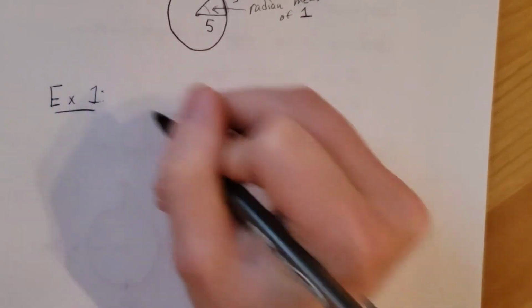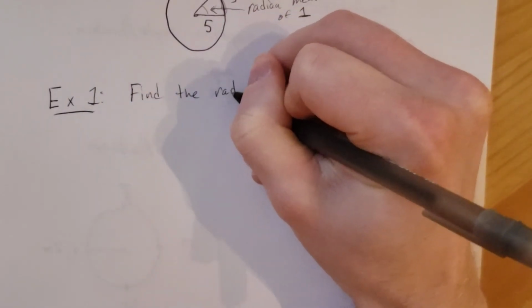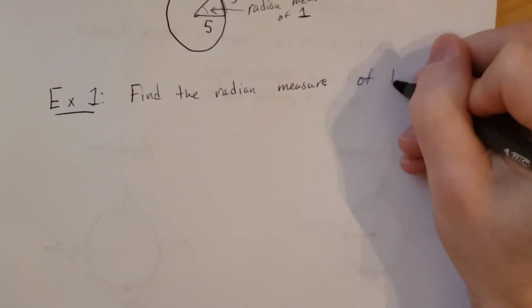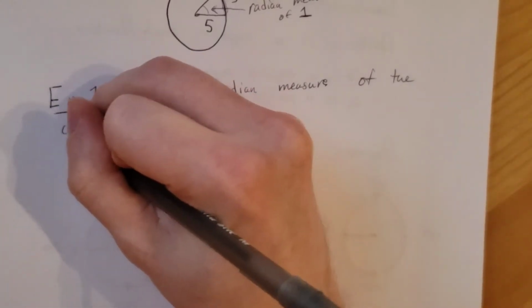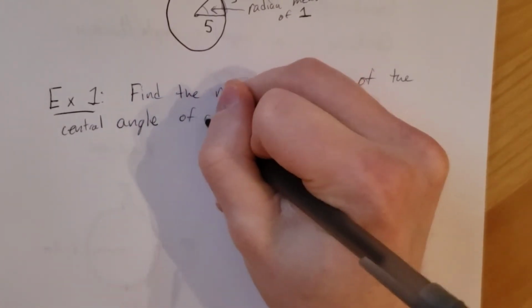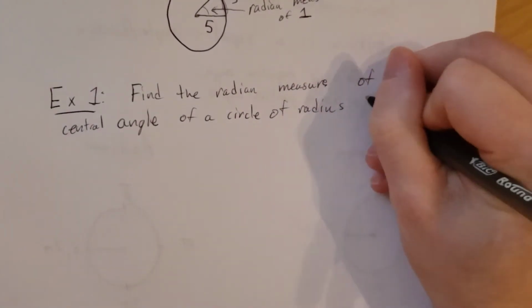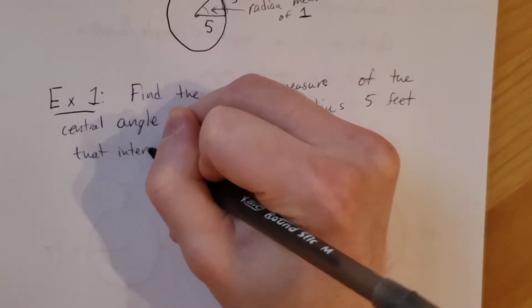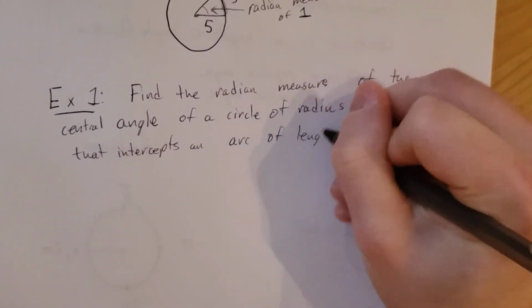Example 1 here is find the radian measure of the central angle of a circle of radius 5 feet that intercepts an arc of length 12 feet.